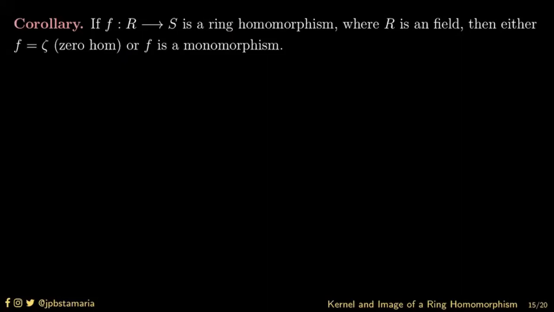Ang mga possible na homomorphisms lang, kundi yung zero homomorphism. Pag sinabi zero homomorphism, ito yung homomorphism na pinapadala lahat sa zero ni S. Okay? Hindi masyadong marami. Either zero homomorphism siya, yung trivial one, or kung di man, dapat one-to-one siya. Okay? Why is that the case?